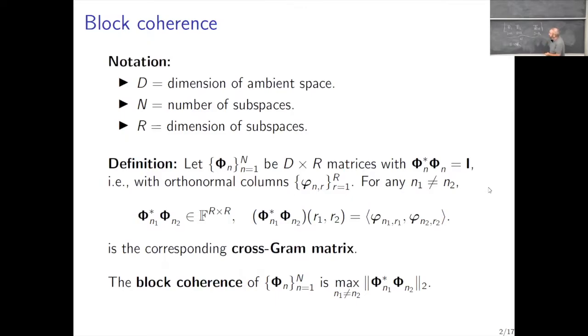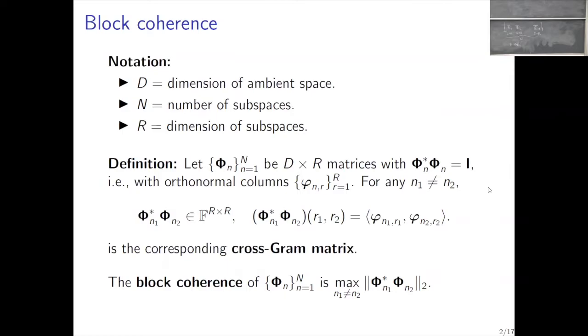But what we can do is compare the two subspaces. If you gave me subspace 1 and subspace 2, and you wanted to ask the question, how similar, how much alike are they to each other? One way to compute that is to take the cross-gram matrix between the two.